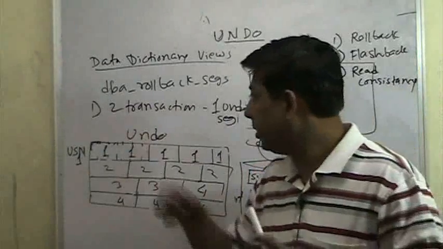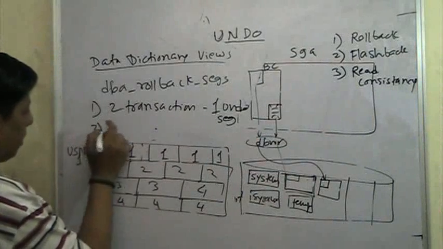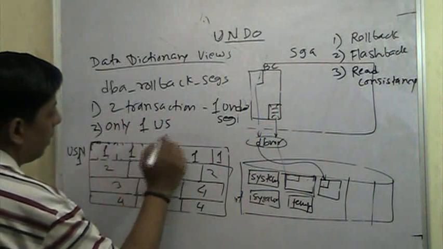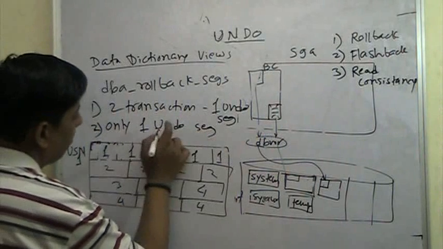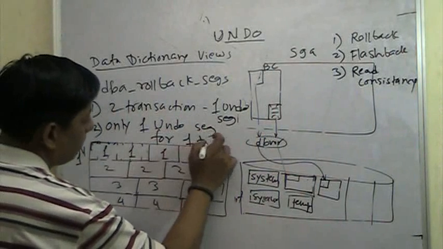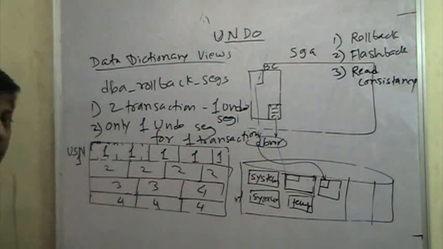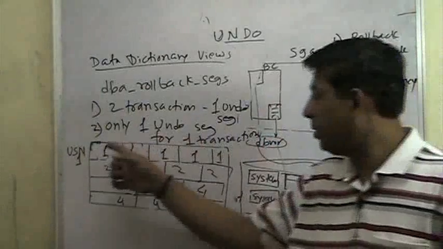So let me repeat the second thing that I just said: only one undo segment is used for one transaction. Once I am assigned undo segment number 1, till my transaction finishes, I will be assigned 1.